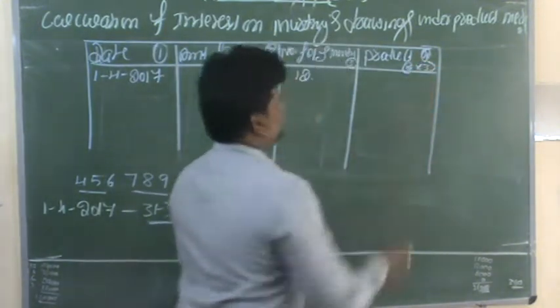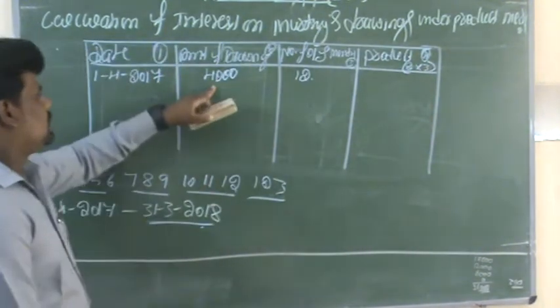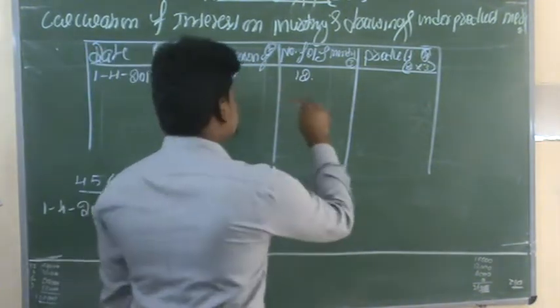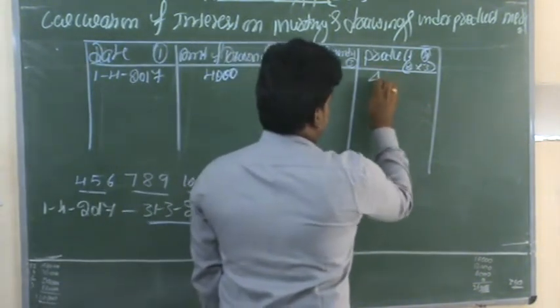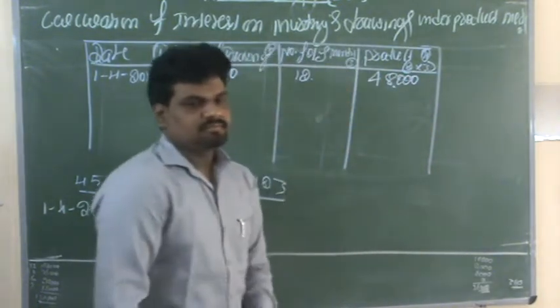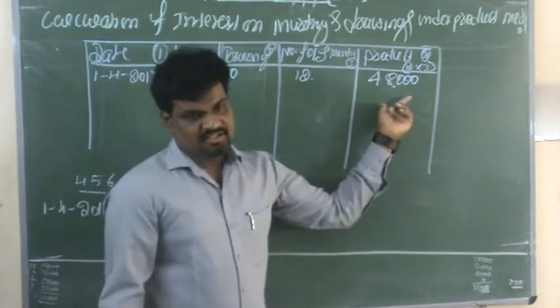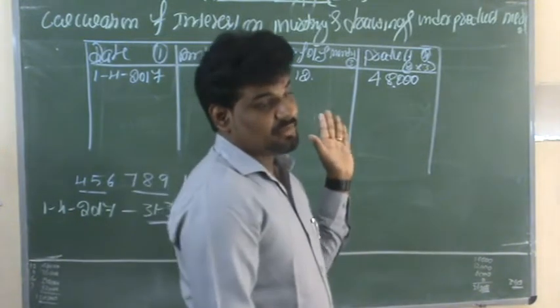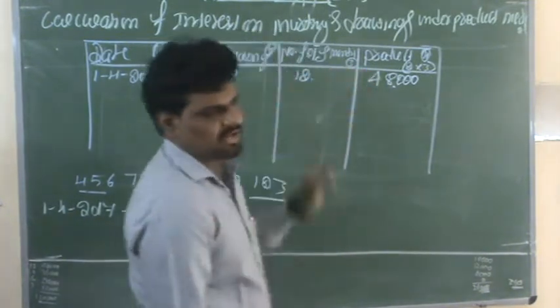So 4000 into 12 gives 48,000. This is the calculation for the first transaction, when the partner withdraws at the beginning of the first quarter.